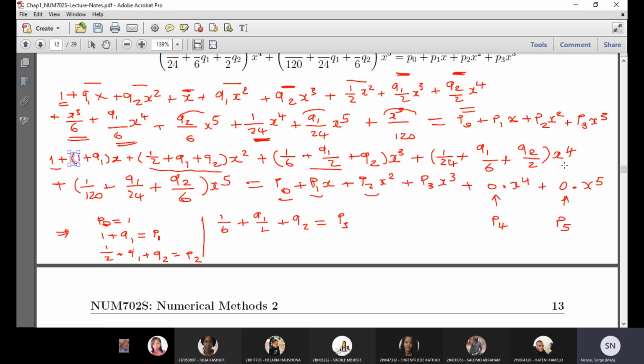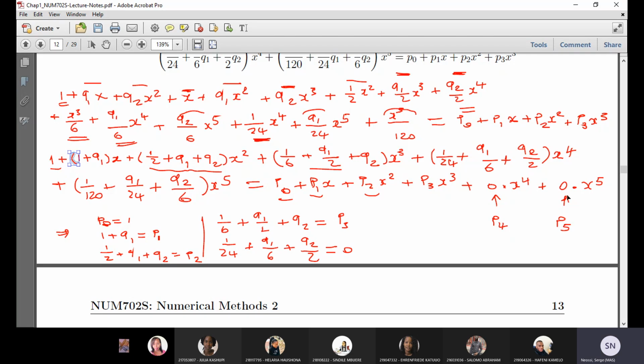Now, the coefficient of X4, which is 1 by 24 plus Q1 by 6 plus Q2 by 2, is equal to, the coefficient of X4 here is 0, so equal to 0.